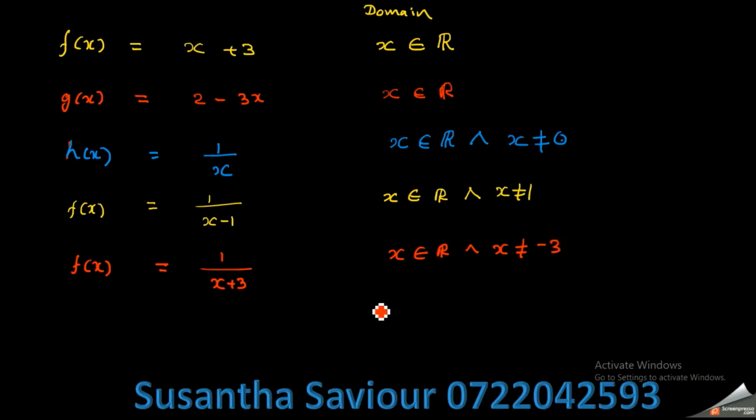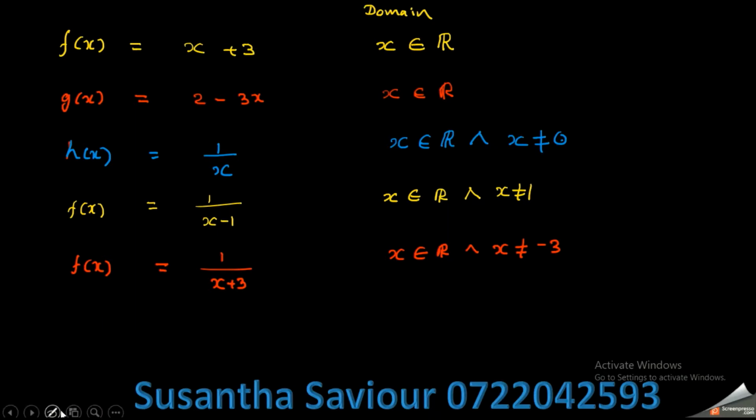If x is equal to minus 3, the denominator will become 0. Therefore, it will not be a function. So we define x belongs to R but not equal to minus 3.